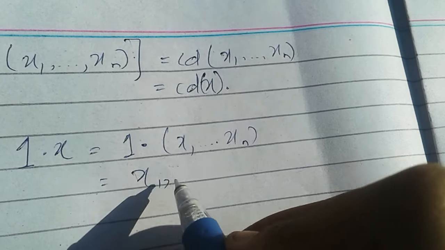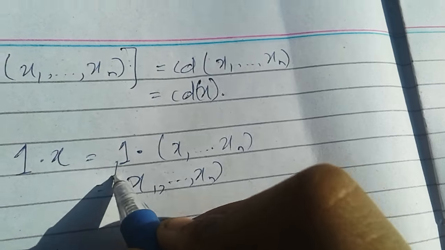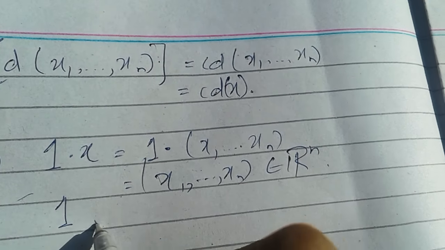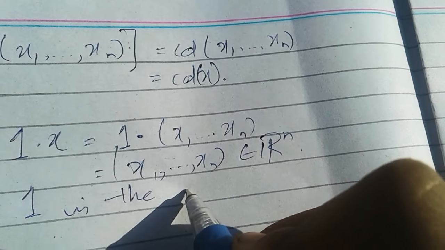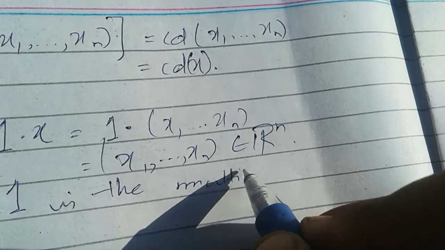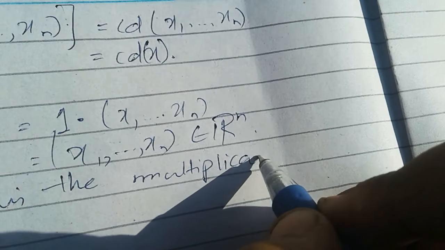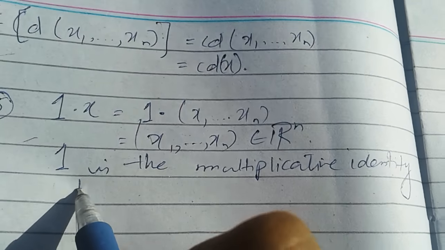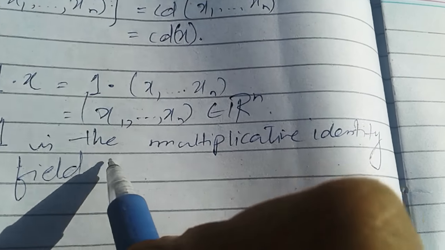It gives x, and this belongs to Rn. So 1 will be the multiplicative identity of the given field F, which is also real numbers.